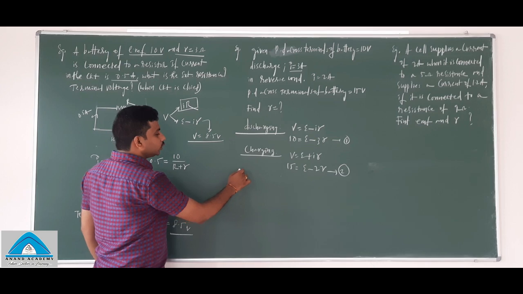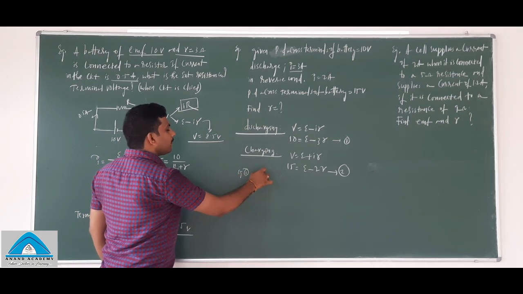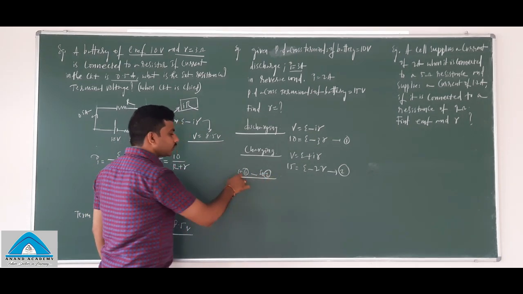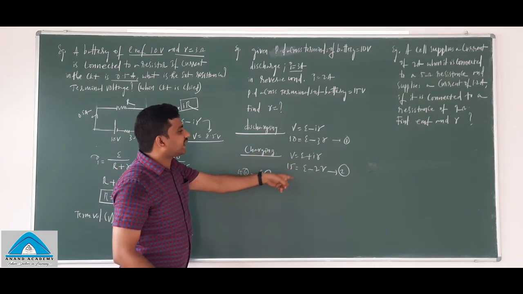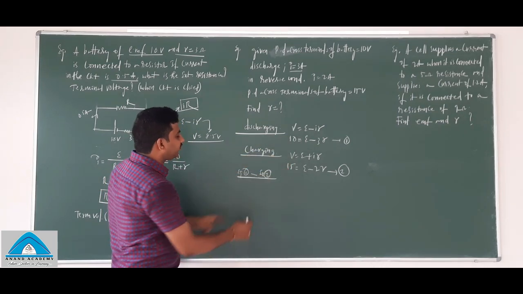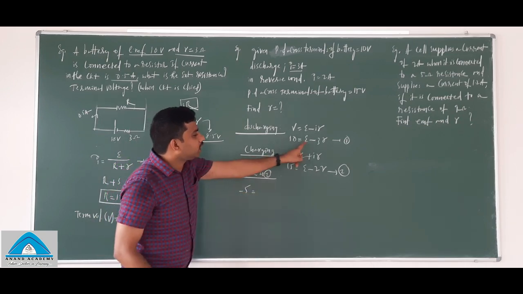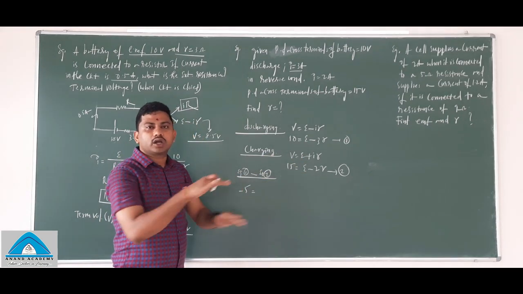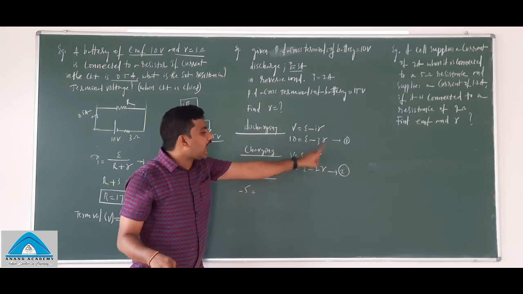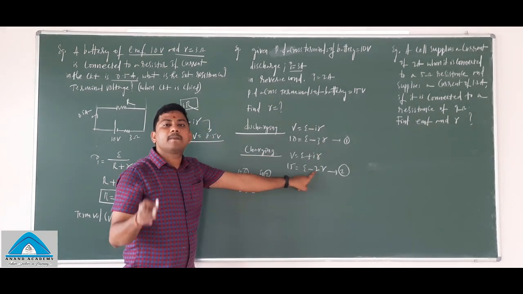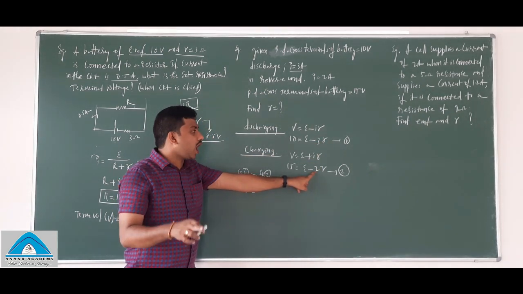So let us do equation 1 minus equation 2, right? Equation 1 minus equation 2, left hand side I am just subtracting. 10 minus 15 is minus 5, which is equal to epsilon minus epsilon gone, minus 3R minus of plus 2R.